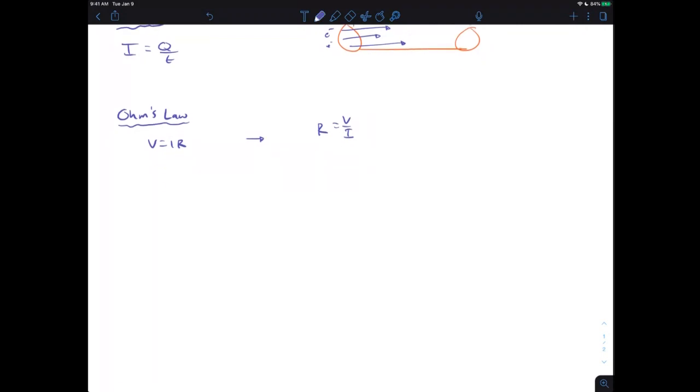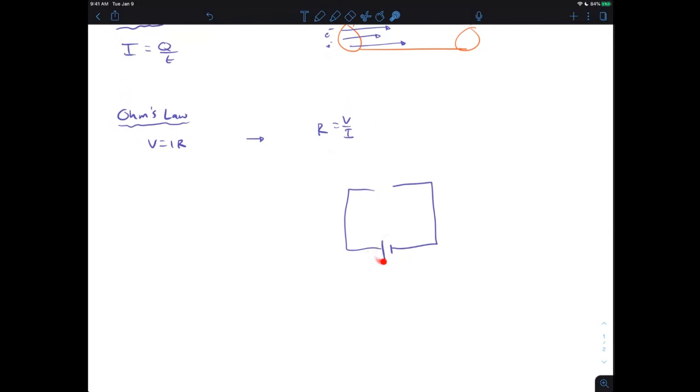So now we're going to put this in circuits, and there are two ways we can do that. The first way, we'll make a circuit here. This is my battery. The first way I can do it is, remember, if I put this in my circuit right here, then I can use this formula. That's what we did.